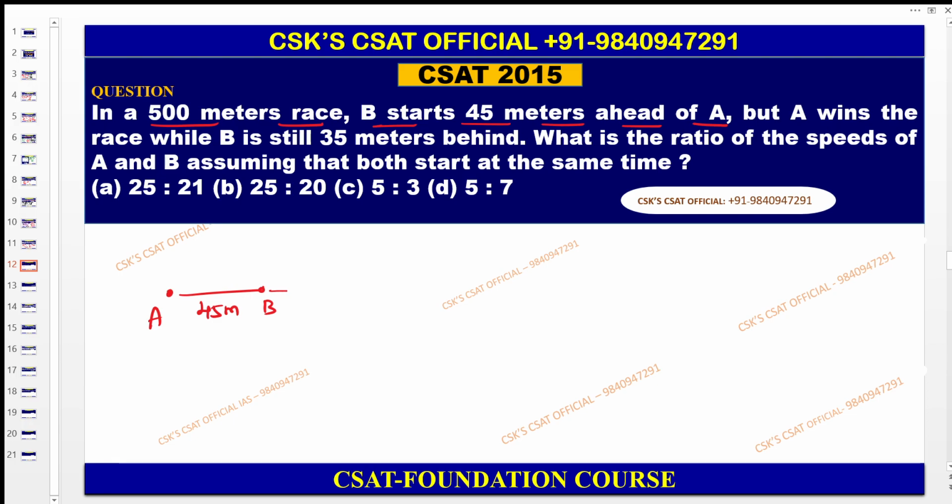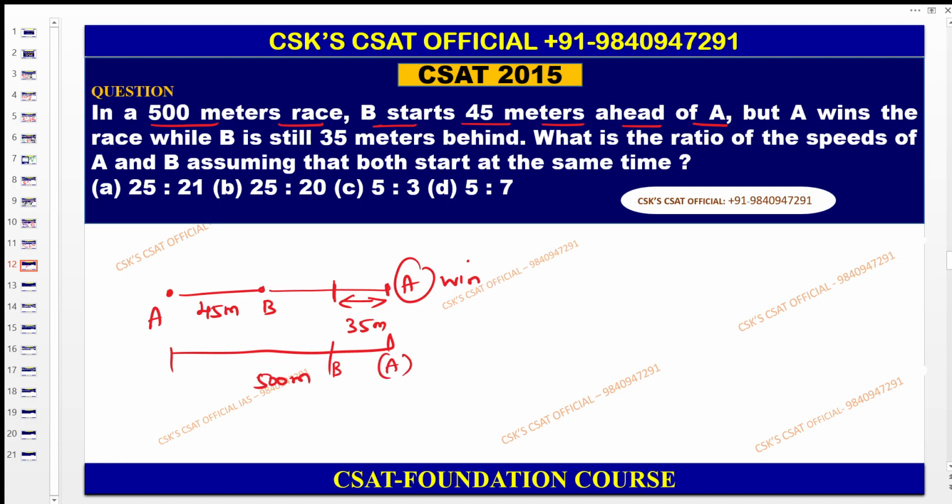Winning the race means the total distance is 500 meters. A reaches here, A wins, 500 meters. B is still behind by 35 meters. So at the winning time, B is here, when A is here.